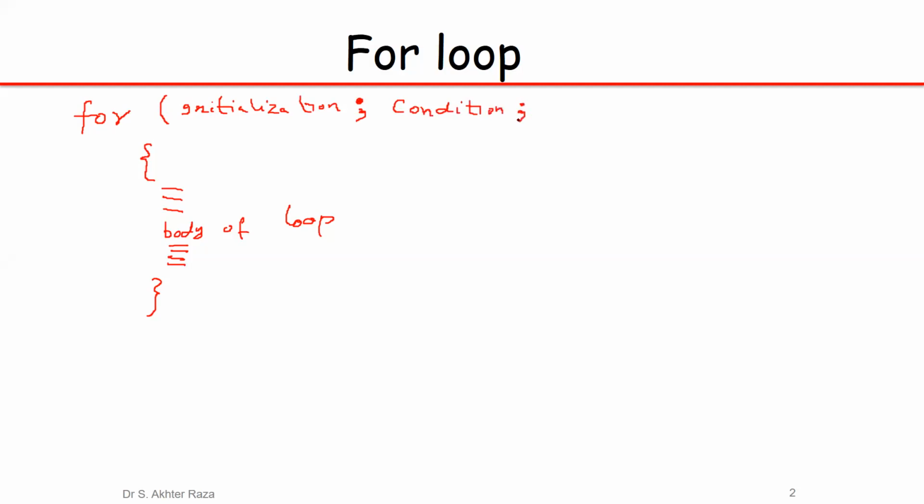Then we have the increment or decrement, increase or decrease. So there are three statements under this bracket. First one is initialization. We have to initialize the variable. And the second one is the condition, up to what condition the loop will be executed.